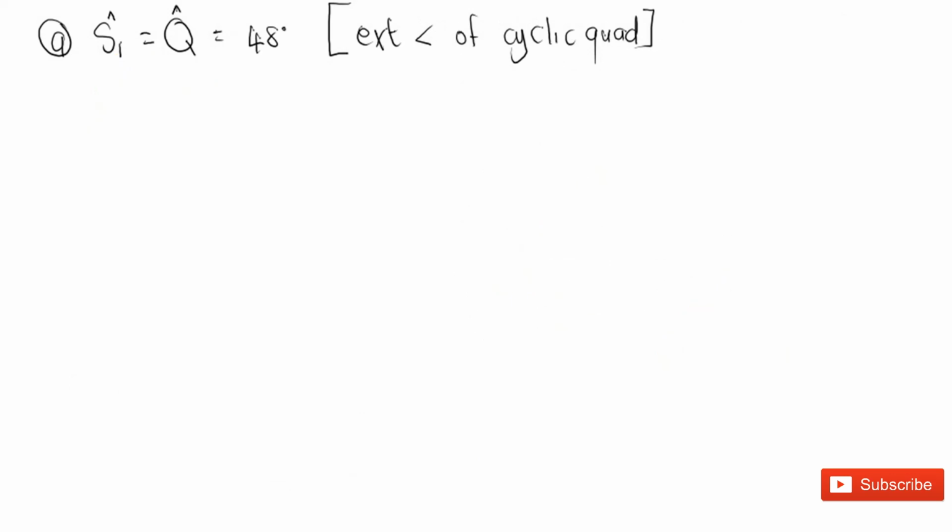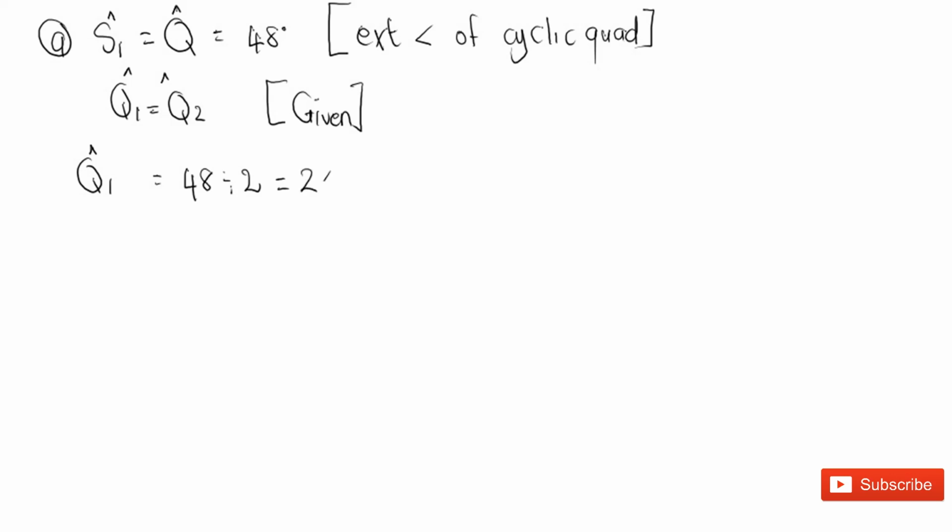So we were given the information that Q1 is equal to Q2, right? And you can say that this is given, okay? Therefore, to get your angle Q1, we are basically going to say 48 divided by 2, which is equal to 24 degrees, okay?